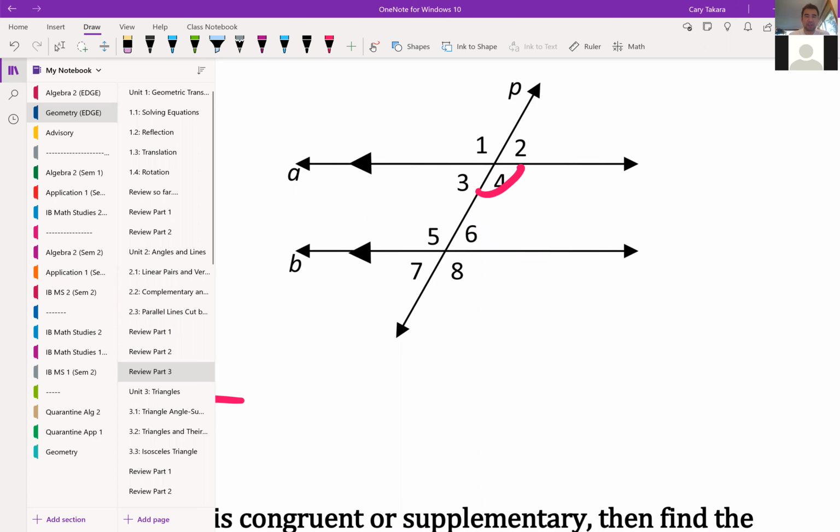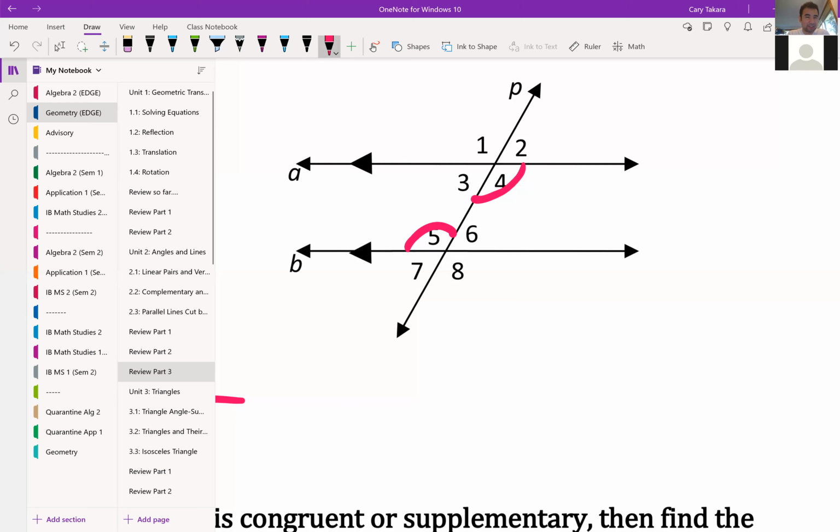Okay, how about 4 and 5? What would you call that? Have you decided? It will be alternate interior angle.